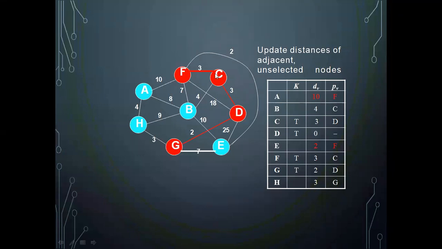Even F to C one connectivity is there, but both F and C are the part of the spanning tree already. And even F to D connectivity is there, but both F and D are the part of the spanning tree. So I need not worry about it. I have only connections with F to A, F to B, F to E. These are the connections F has.